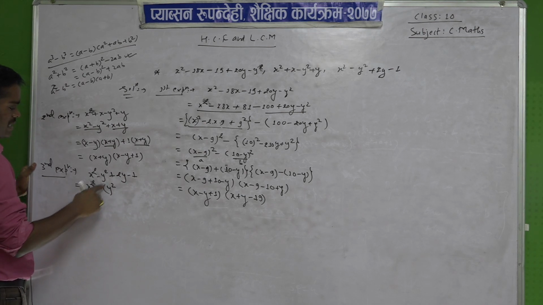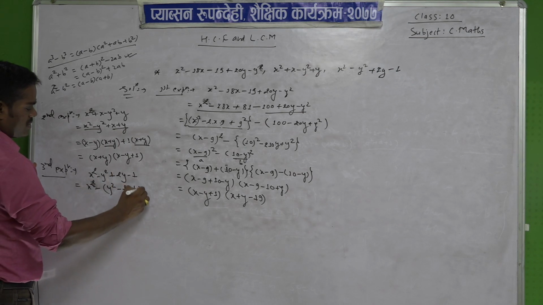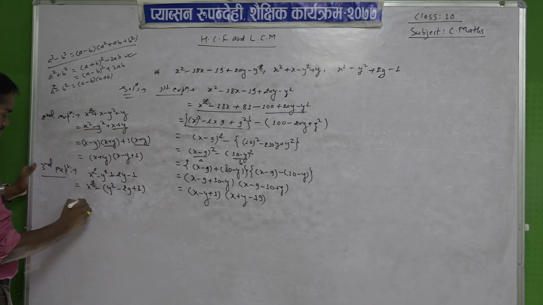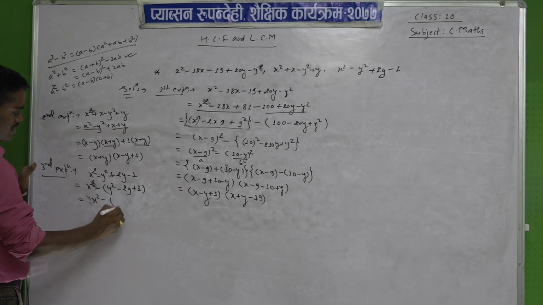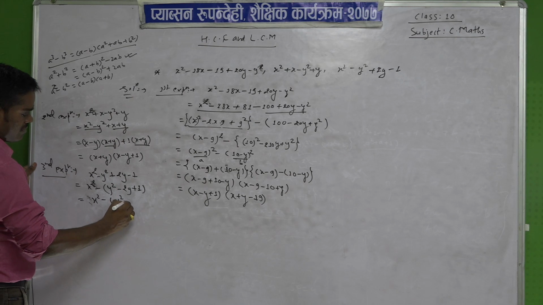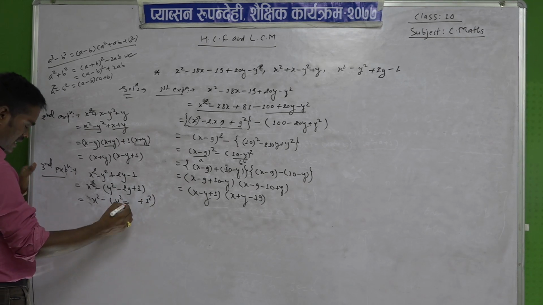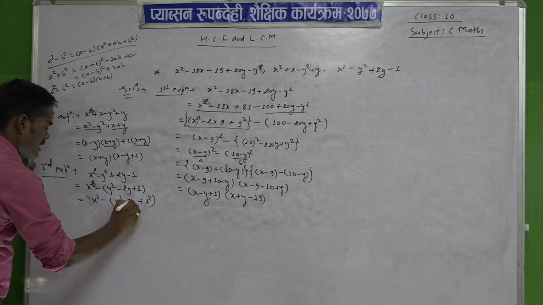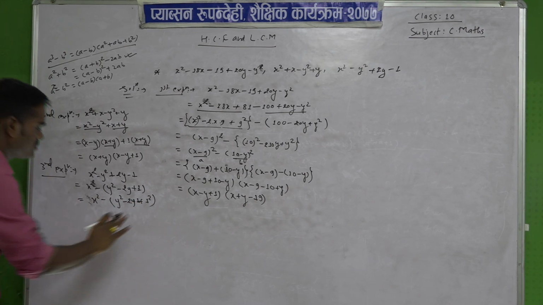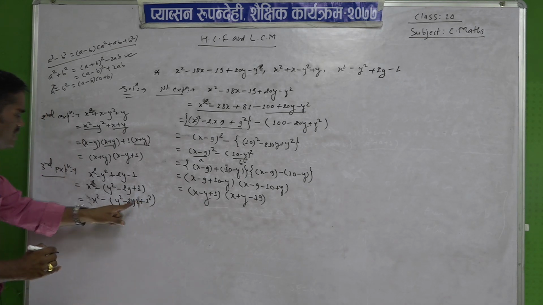So y square minus into plus minus 2y minus into minus plus 1. So here x square, see here this is y square minus, we can write plus 1 square. So fill up the gap by using 2ab. From the formula, a means y, b means 1, so 2 times 1 is 2.